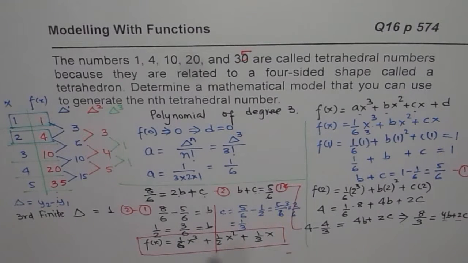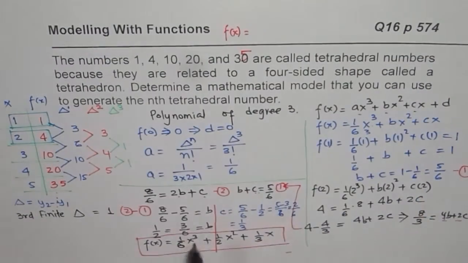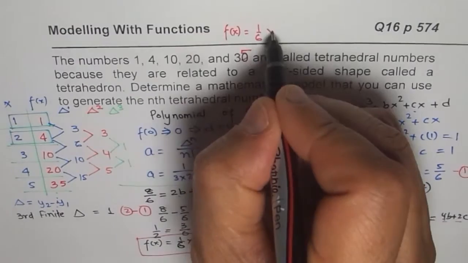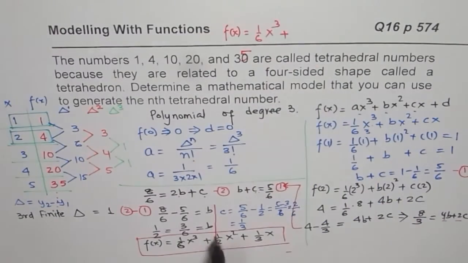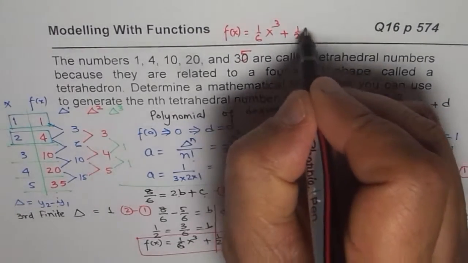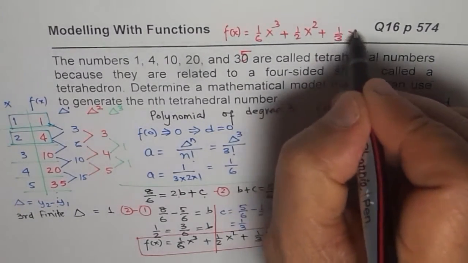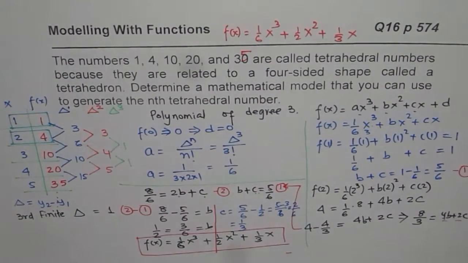So that's our answer. So our answer here is, f of x equals to 1 over 6x cubed, plus 1 over 2x squared, and plus 1 over 3x, right? So that is how we get the solution of this particular equation.